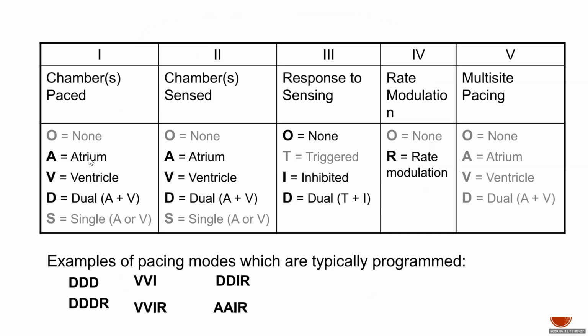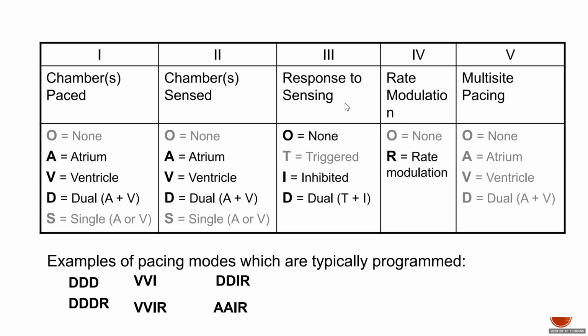If we're pacing atrium, it's A. If we're pacing both, it's D. Okay. Second letter refers to the chamber we're sensing. So if we're sensing the ventricle to pace the ventricle, it will be VV. And so on. It will be more clear when I'm done, but let's just go through what each letter means.